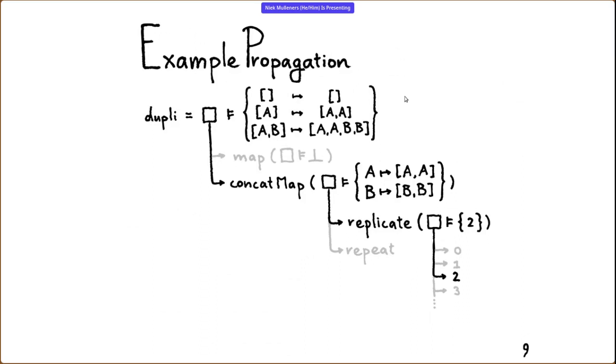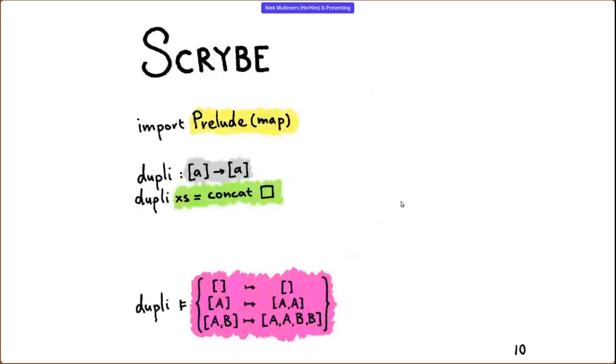Well, we can sort of repeat this. We can interpret each new hole that we introduce as a new synthesis problem and introduce the hole fillings as sketches. And by repeating this, we can propagate our examples through many different functions. And that's basically how Scribe works.